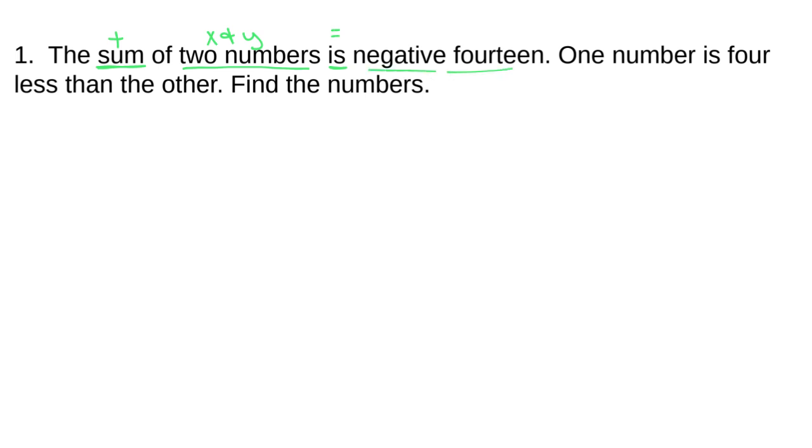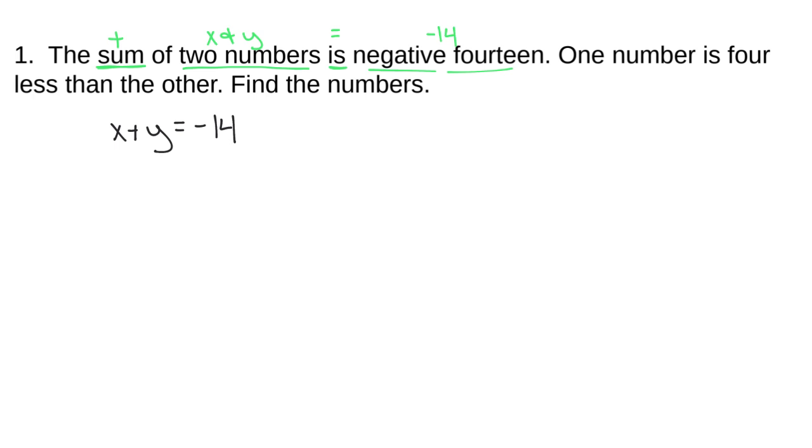And then -14 we could translate into just the number -14. That first sentence is giving us our first equation. The sum of x and y, we would write that as x plus y is -14.